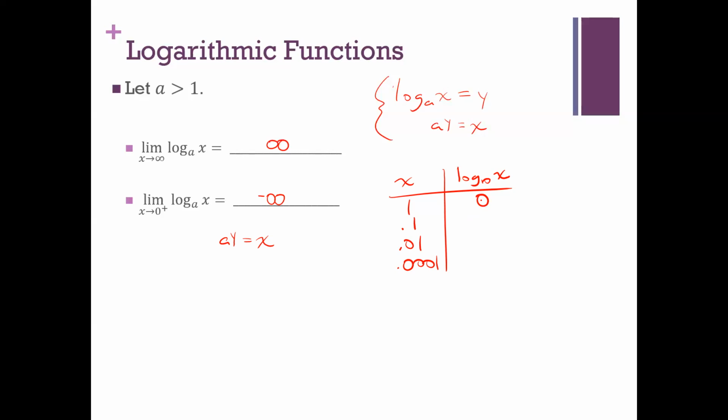In that situation it doesn't matter what the base is; any real number raised to 0 is 1. What about 0.1? What's the log base 10 of 0.1? Negative 1. About 0.01? Negative 2. And negative 4. So if I keep picking smaller and smaller positive numbers, there is no limit there. That cleared up a little more?